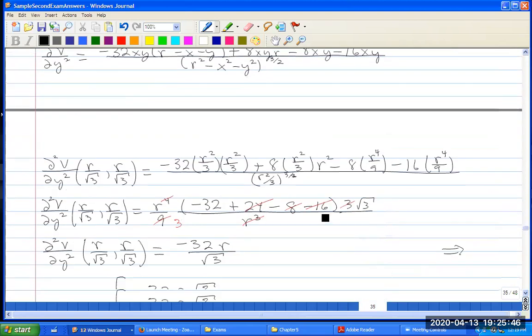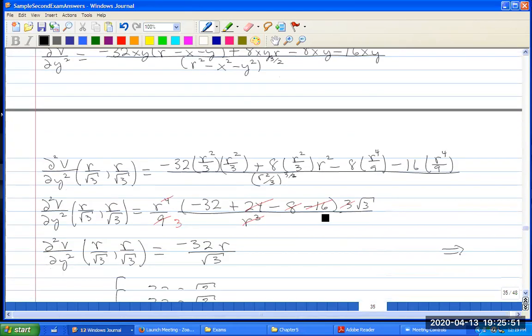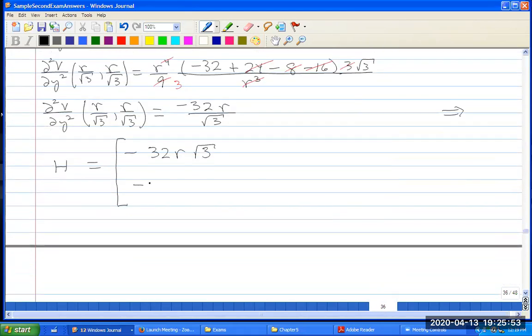Yep, they're both the same. Minus 16r. I did one as rad 3 over 3, and the other was minus 32. Don't know why I keep alternating when I rationalize and when I don't rationalize the denominator.